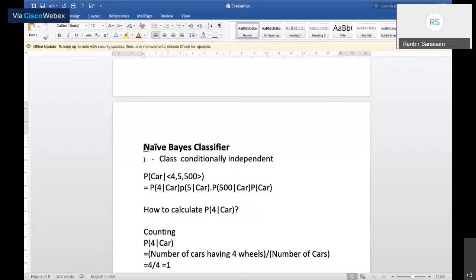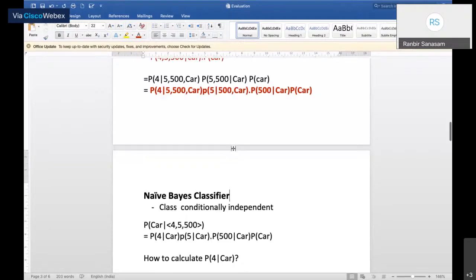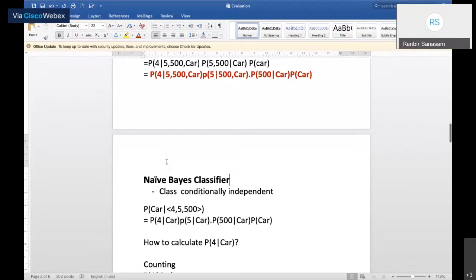Naive-Bayes gives almost comparable performance in many instances with that of the Bayesian classifier.